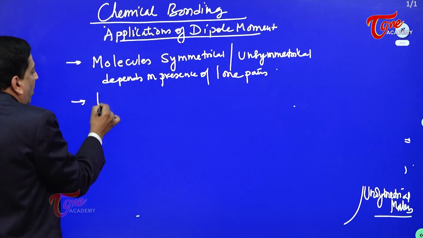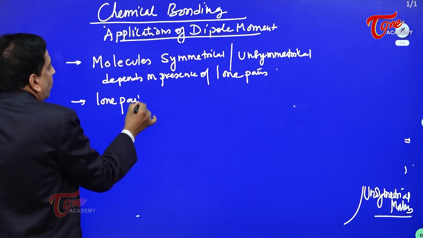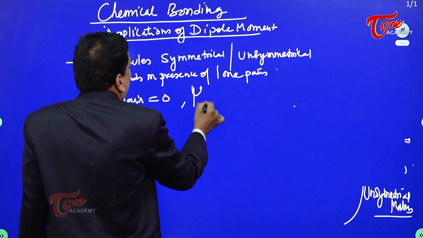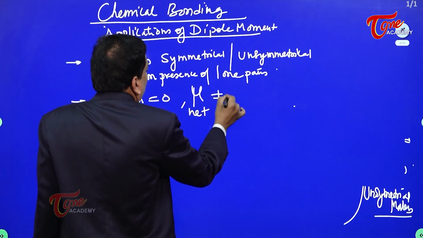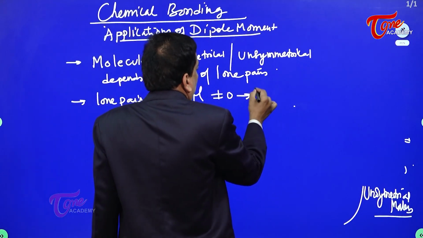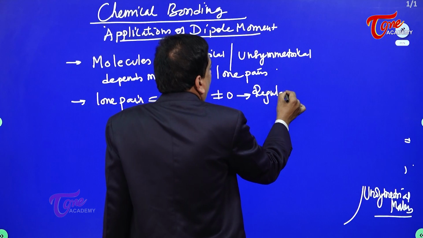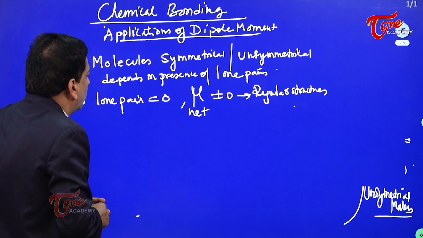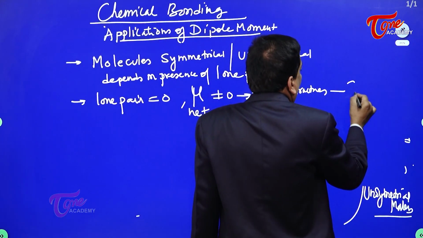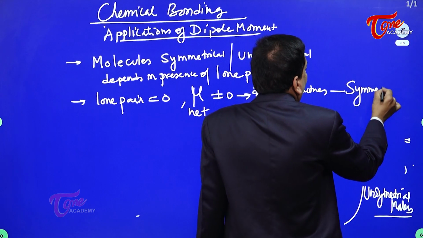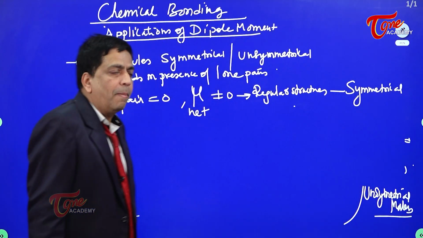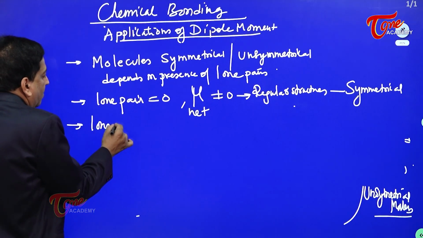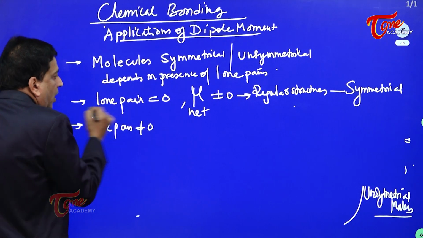So, if lone pairs are 0, the net dipole moment is also 0. Then you will have regular structures, and such molecules are said to be symmetrical, you must understand. And now suppose the lone pairs are not equal to 0.